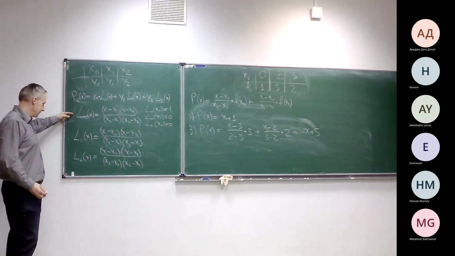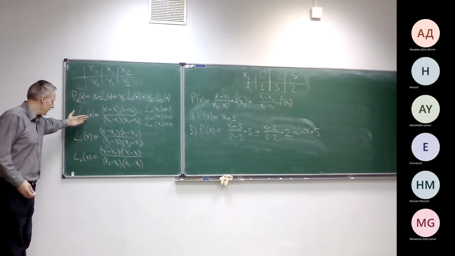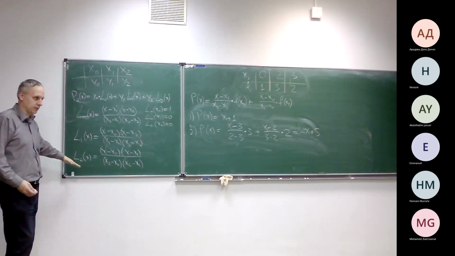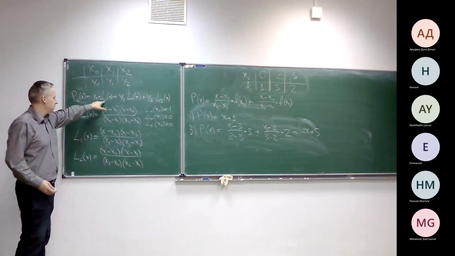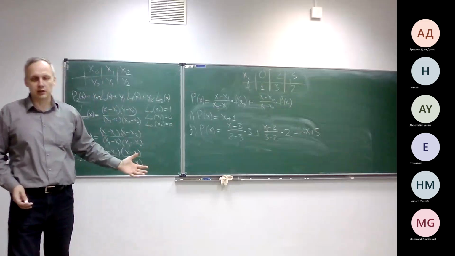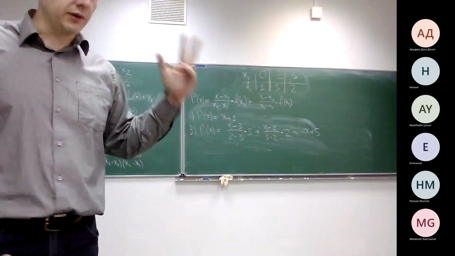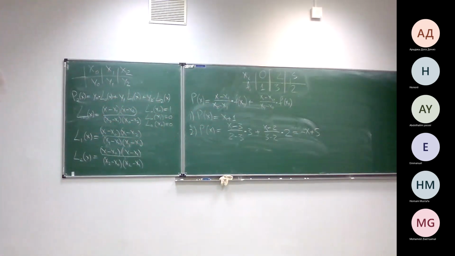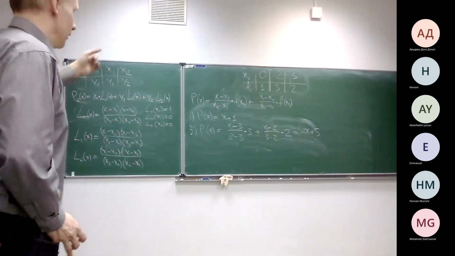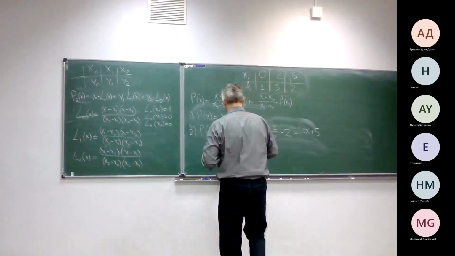Three terms, L0, L1, L2. If I find these three auxiliary polynomials, I can substitute them in this formula and find the result: the polynomial of degree 2, the interpolating polynomial that interpolates the given data.